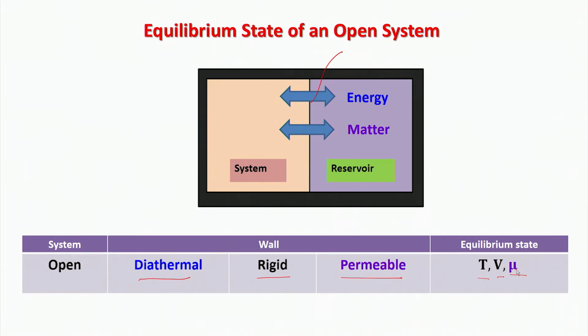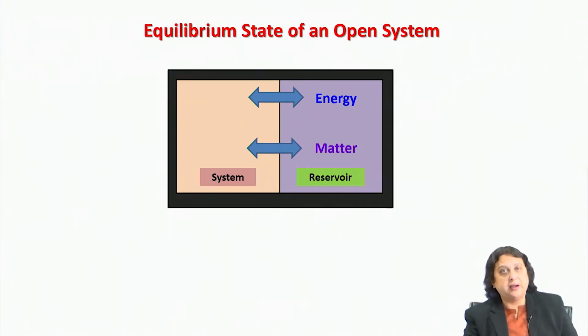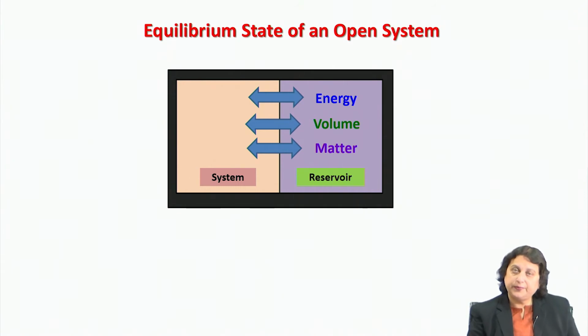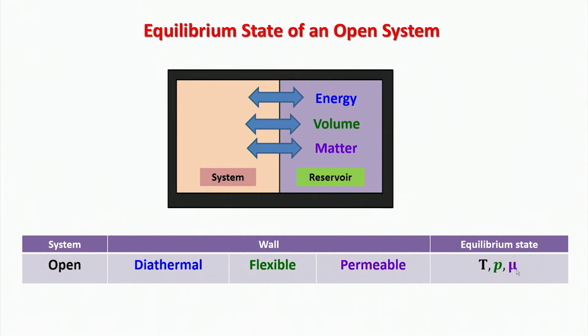Now let me consider another situation where in addition to the energy and matter, I am allowing exchange of volume between the system and the reservoir. So once again, this is an example of an open system whereby now my wall, in addition to being diathermal and permeable, is flexible as well. Therefore, how are you going to describe the equilibrium state of the system under such condition?